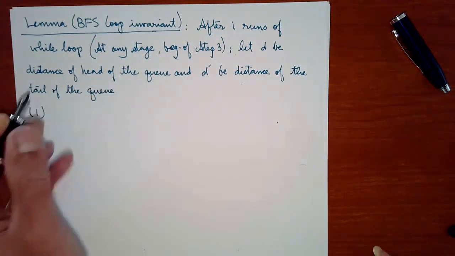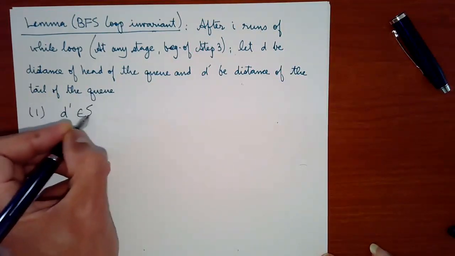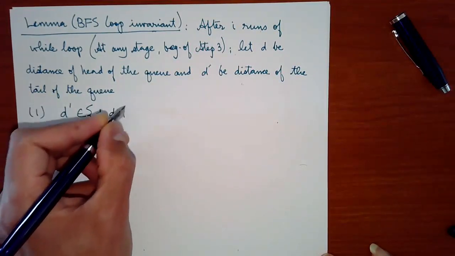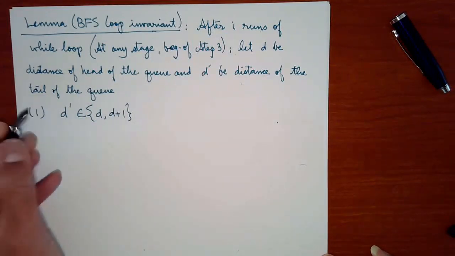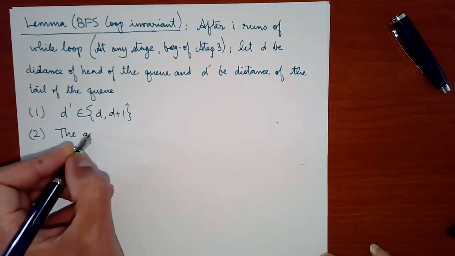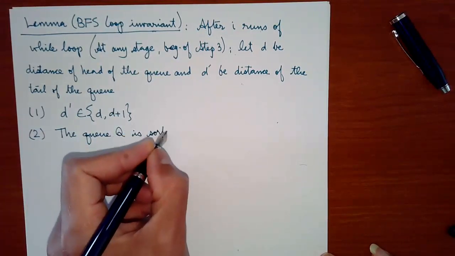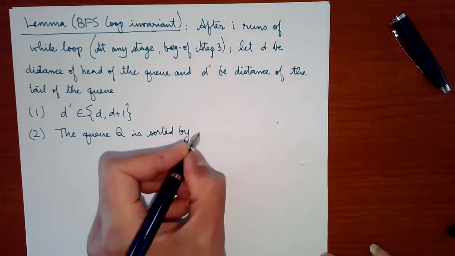Okay, so the first point is d prime is either d or d plus 1. Right? d prime is one of these. The queue is sorted by distance.